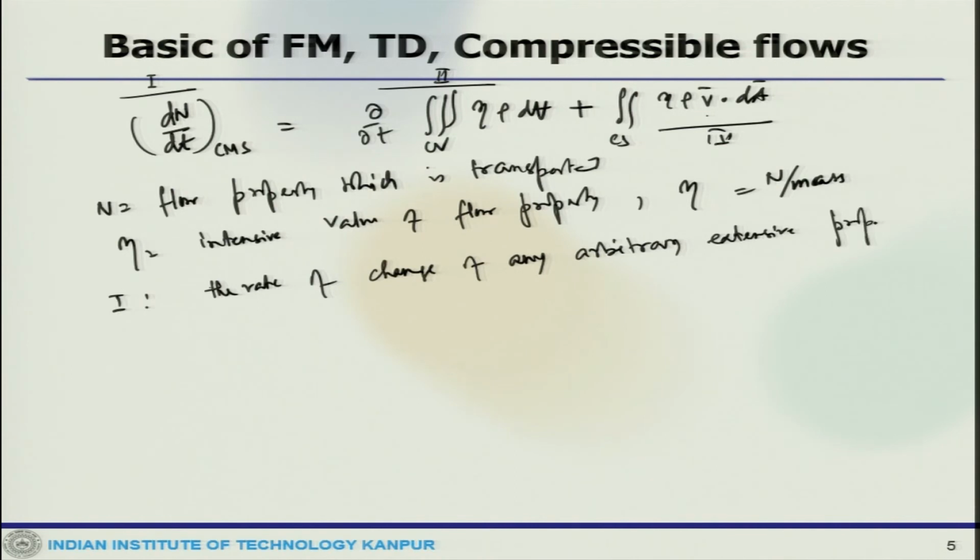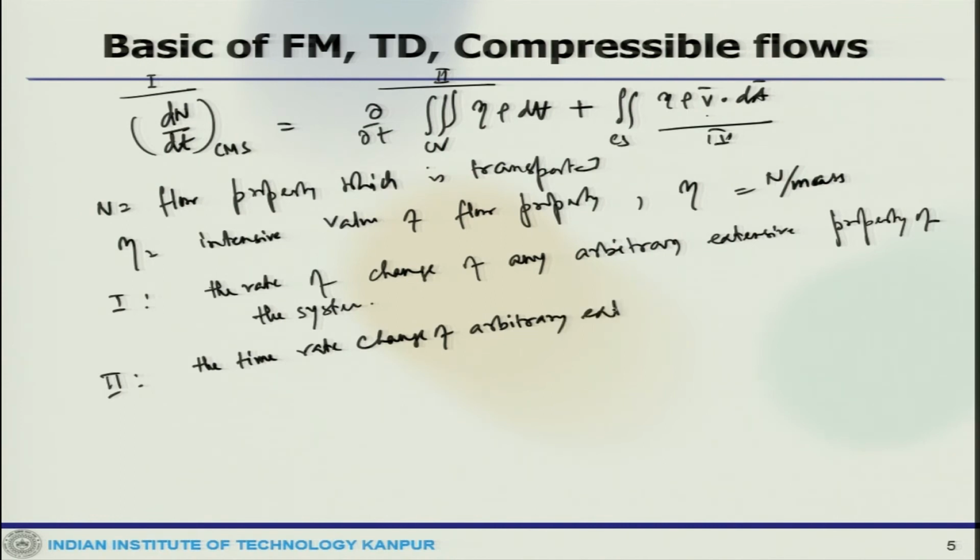Term 2 is the time rate of change of arbitrary extensive property N within the control volume.